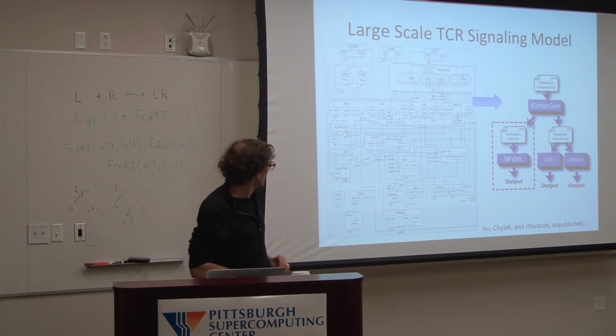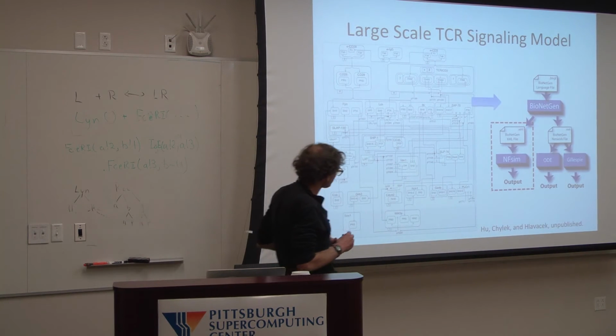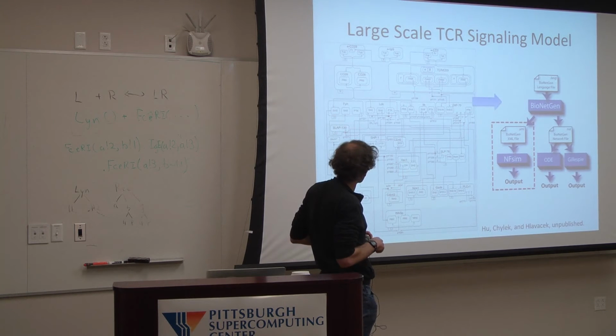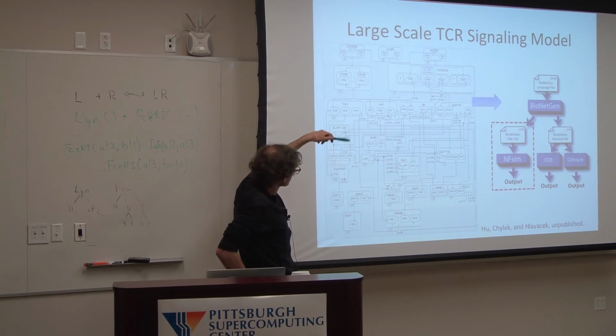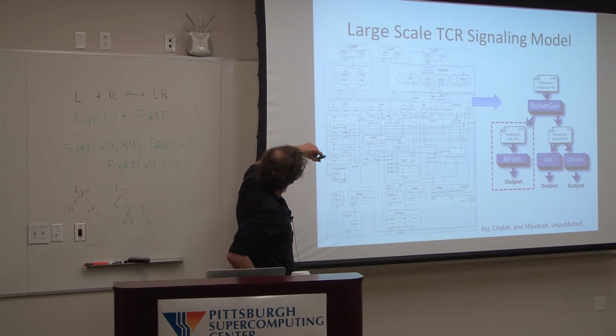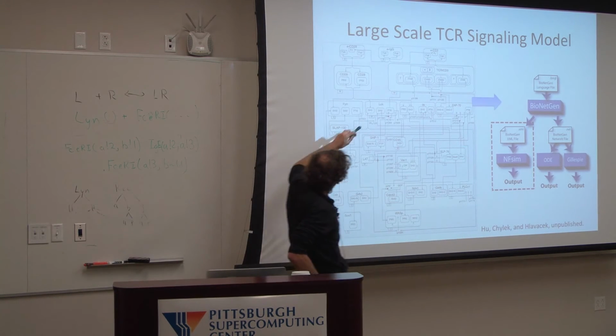Okay, so this is just an example of how pathologically large these models can become. This is a model of the T-cell signaling network that's downstream of the T-cell receptor in the immune system. And the receptor is shown here.